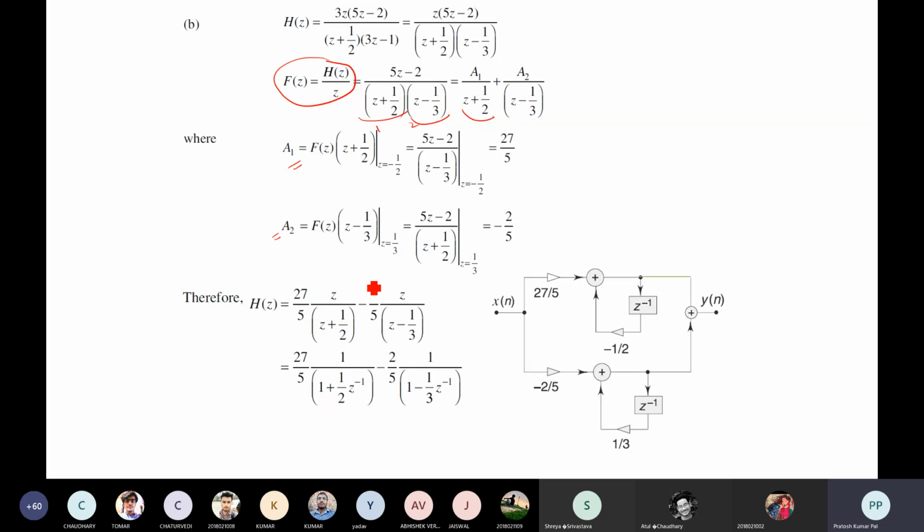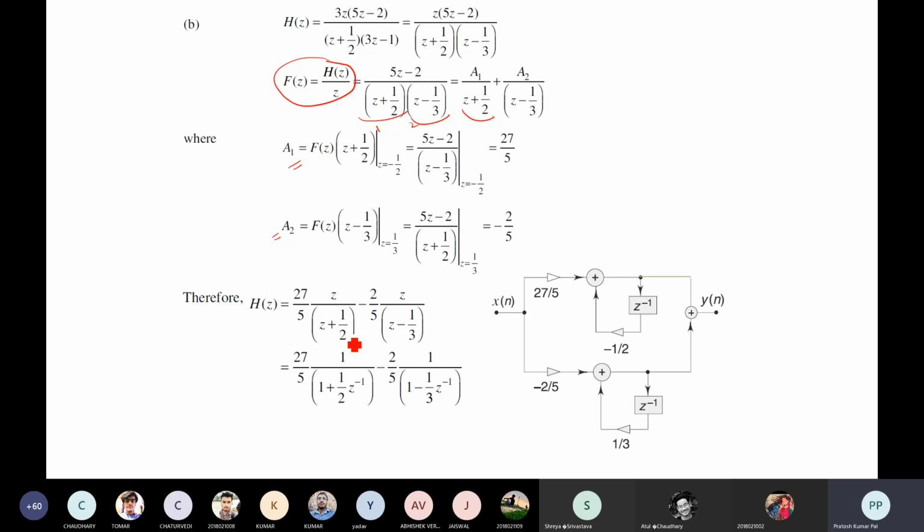After finding a1 and a2, we will get H of z equal to 27 by 5 times z by z plus 1 by 2, minus 2 by 5 times z divided by z minus 1 by 3. To realize this, the z power should be in the negative form.